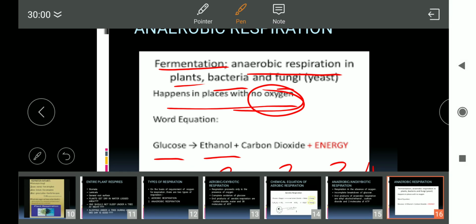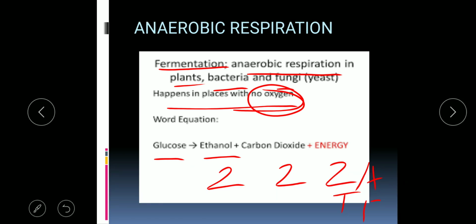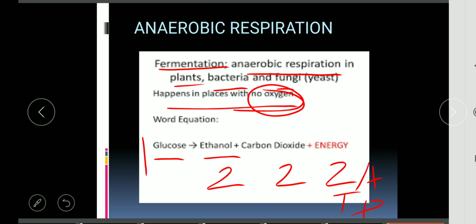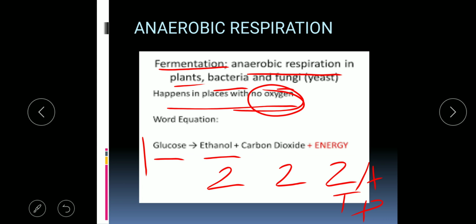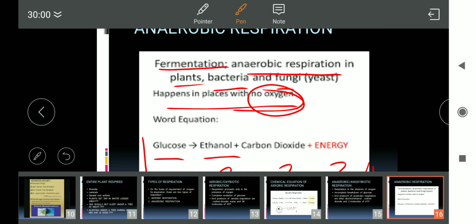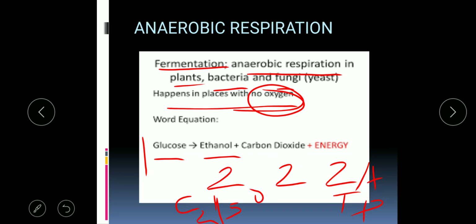Clear? Ethanol's formula is C2H5OH, carbon dioxide is CO2, and 2 molecules of ATP.